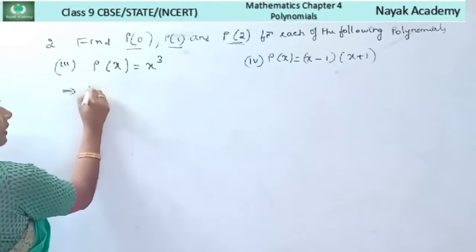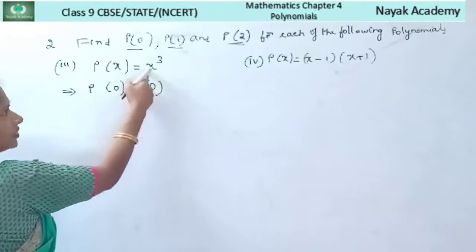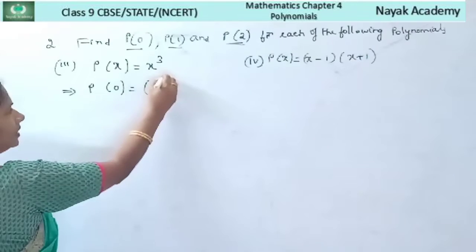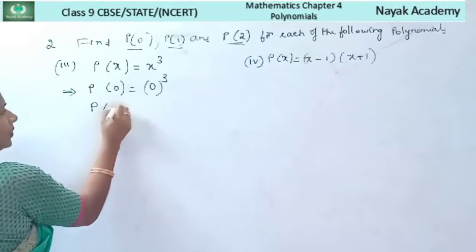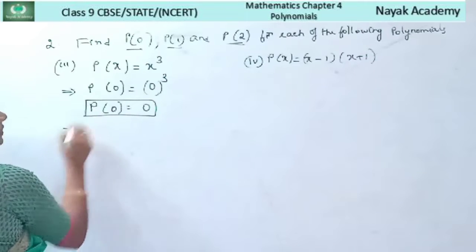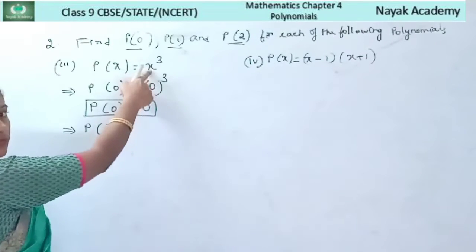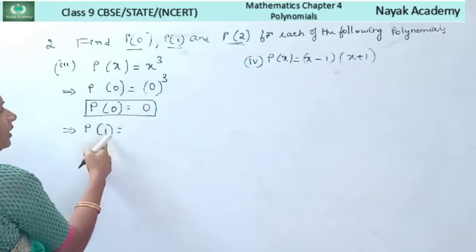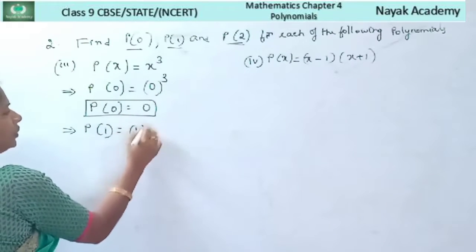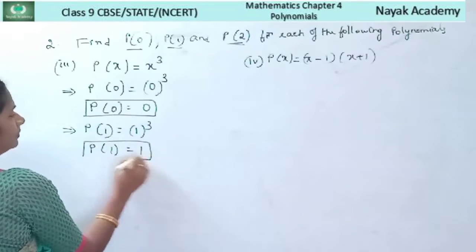Coming to the third problem, p of x is equal to x cube. Now let us find the value of p of 0. In place of x, you substitute the value as 0, it is 0 cube. So p of 0 value is 0. Now let us find the value of p of 1. What do we have to do, children? In place of x, we have to substitute the value of x as 1. So 1 cube, so p of 1 equals 1.